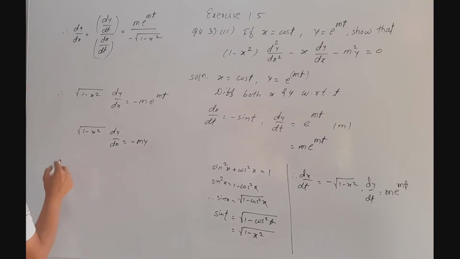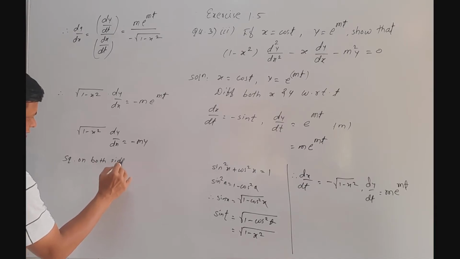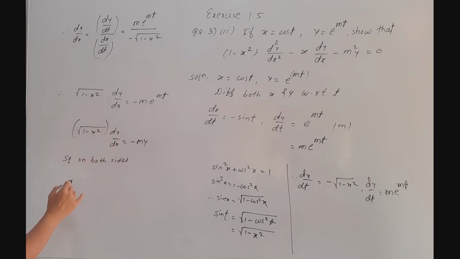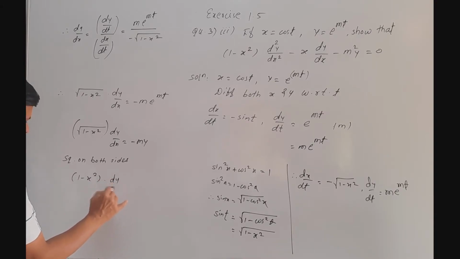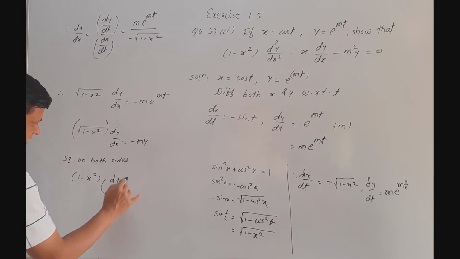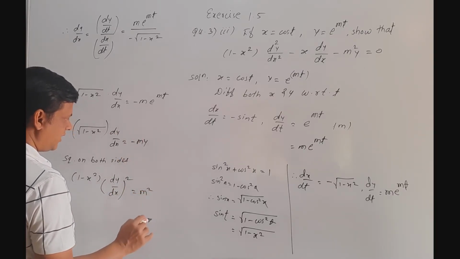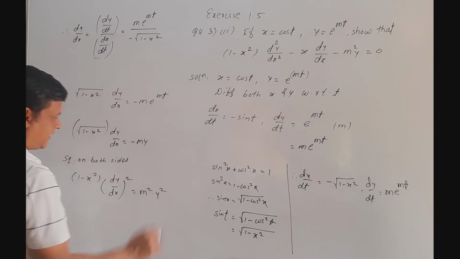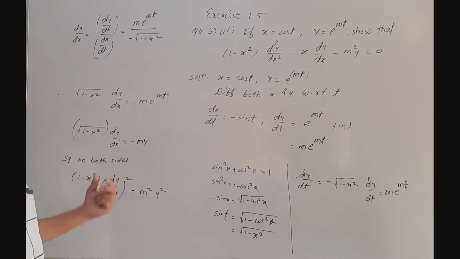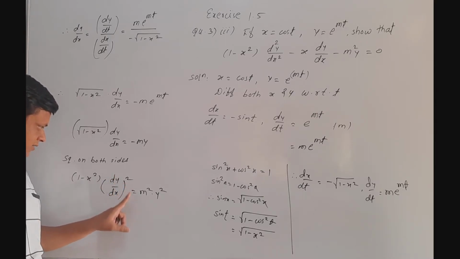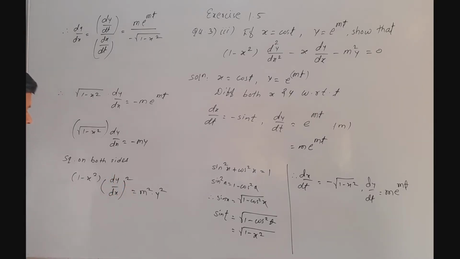So squaring on both sides, here square and square root get cancelled. So we write 1 minus x square into dy by dx, its bracket square is equal to, so minus square is plus, so write m square as m square, y square as y square. So we get here 1 minus x square into dy by dx bracket square equals m square into y square. Now we have to find the second order derivative from this.